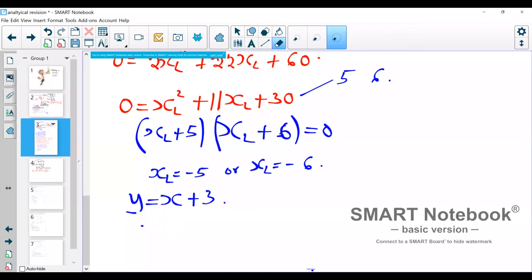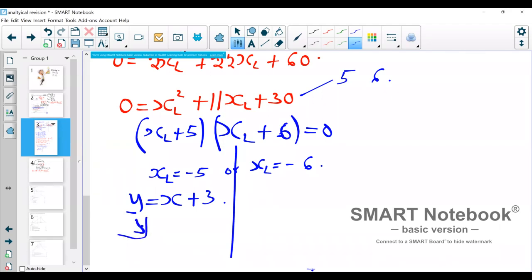So if we have 2 options, here my YL will be equal to, we replace that here, 3 minus 5, and that will give us -2.